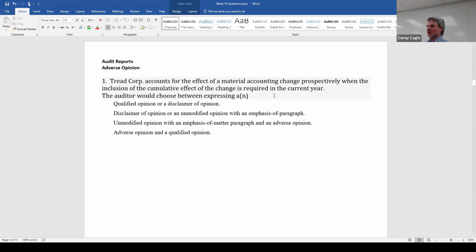You could even replace the question and say, they accounted for a material thing this way when they should have done it this way. So don't get hung up in what's going on. Just broadly, they screwed up on GAAP. With a GAAP departure, we can qualify if it's not pervasive, or we do an adverse if it is pervasive. Nice classic little question there. That's the only one we have to look at.